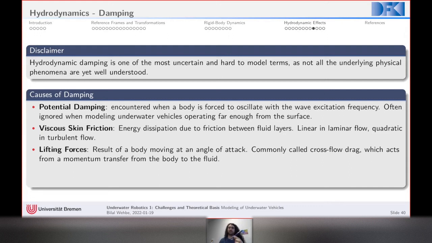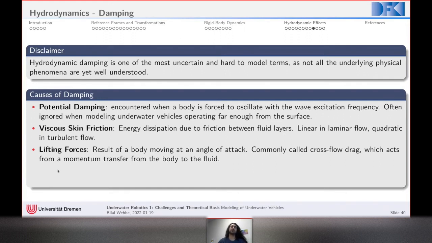If we have an angle of attack and we push it forward, pressure will build up in front of the vehicle, and we will have an area with lower pressure behind it. If the geometry of the vehicle is not symmetrical, or not a simple geometrical form, this will cause a destabilizing effect. If we're moving like this, we will start also going down just by this effect of lift forces. This is how planes fly.